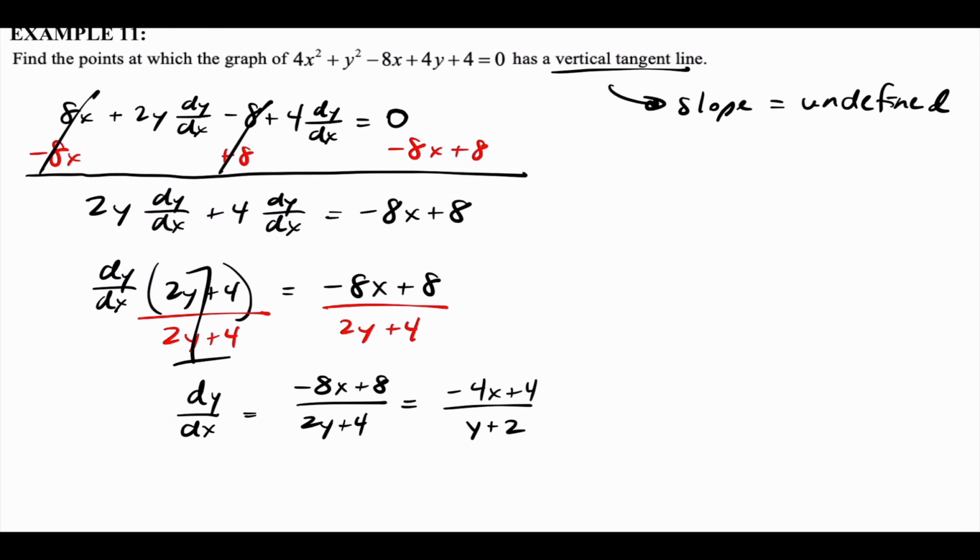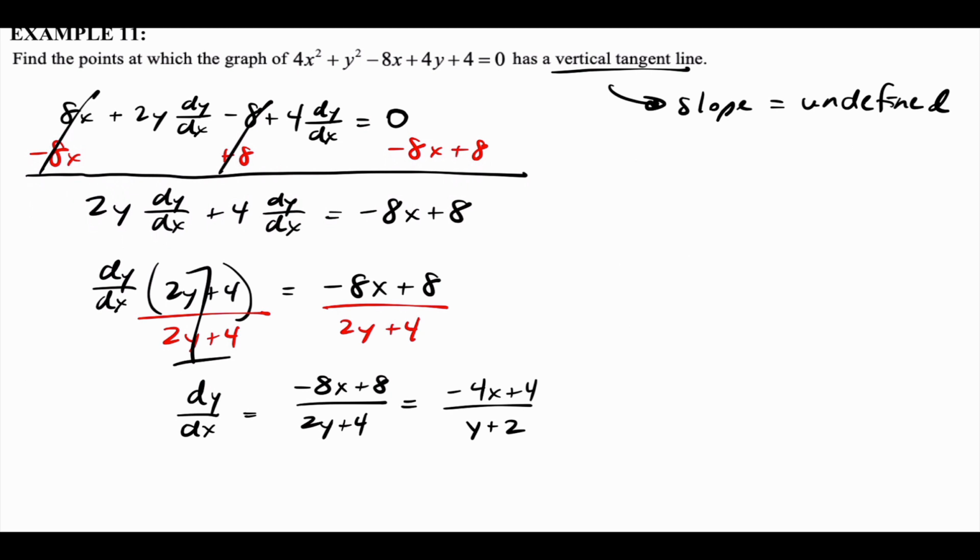So I got a derivative of negative 4x plus 4 over y plus 2. Tell me more about when a slope is undefined. When it's vertical, right? But what makes it undefined? Zero on the bottom, right? This derivative has a top and a bottom.